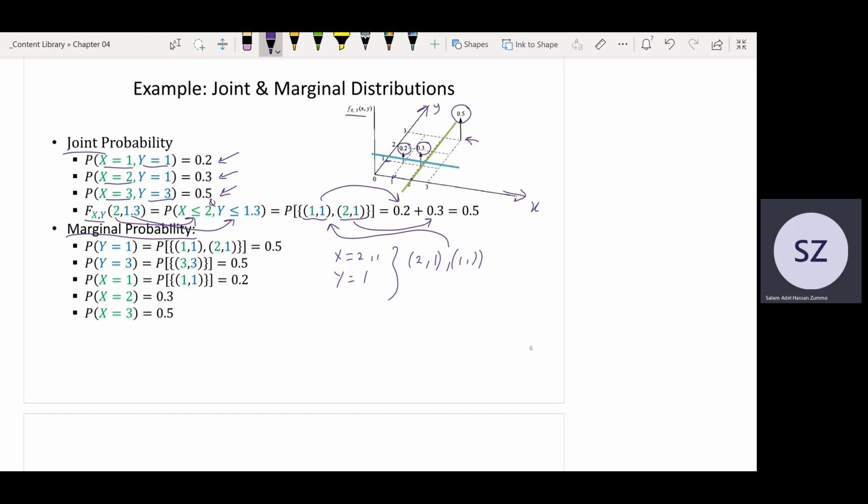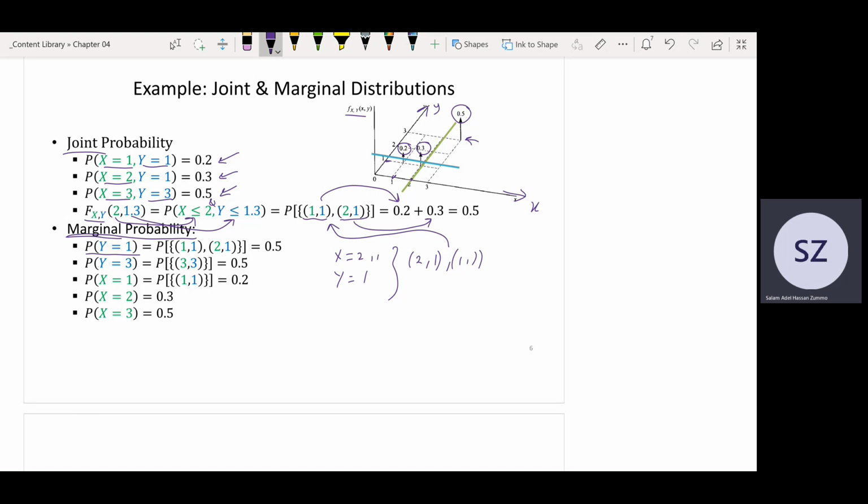So now, if I want to talk about Y, Y can take how many values? 2 values, 1 and 2. So what is the probability of Y equal 1? It doesn't matter what X is. Y equal 1 is what I am interested in now. That is why we call it marginal probability. It's related to only part of the whole story.